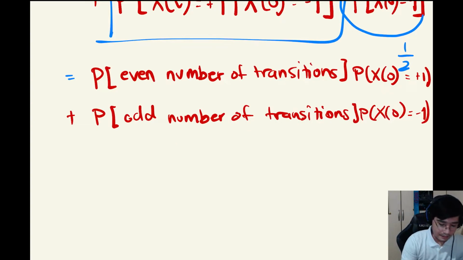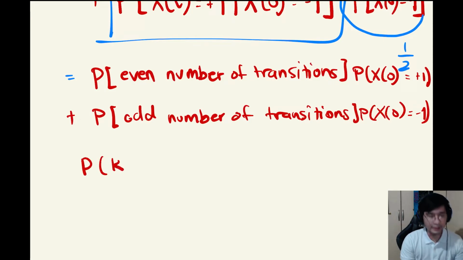Okay? So recall the Poisson random variable once again. The Poisson random variable is defined as the probability of k, where k is the number of successes over a time interval, let's say t or tau.